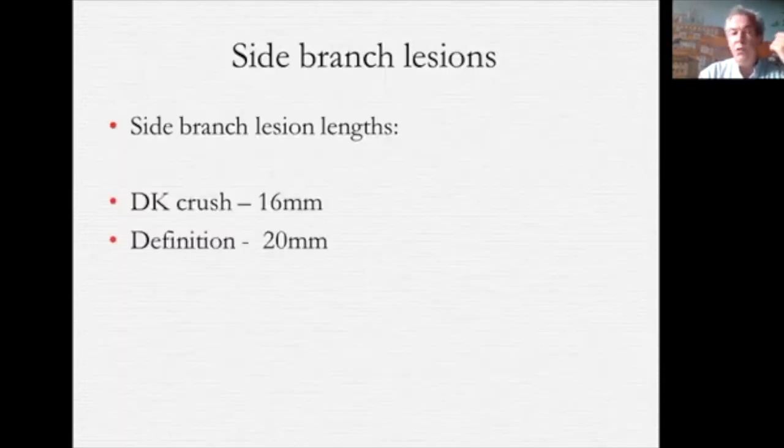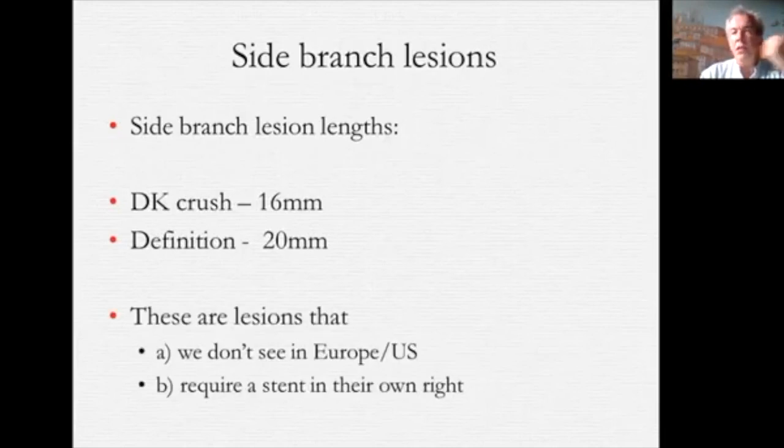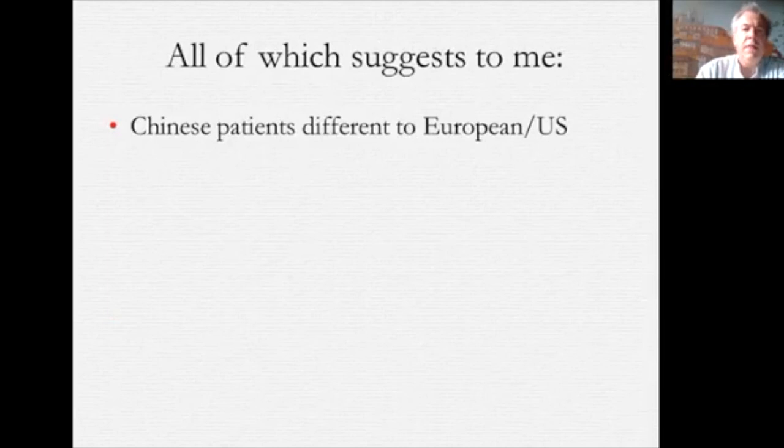The side branch lesions were very long in these studies. DK crush 16 millimeters, DEFINITION 20 millimeters. And actually these are lesions we don't see very often in Europe or the US. So there's something different there. And of course, these might well be seen to require a stent in their own right. And that suggests that maybe the Chinese patients are a bit different.